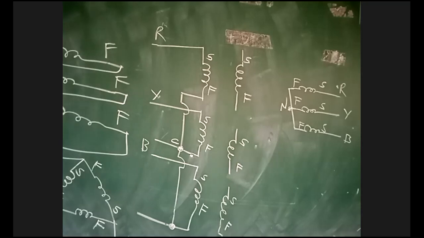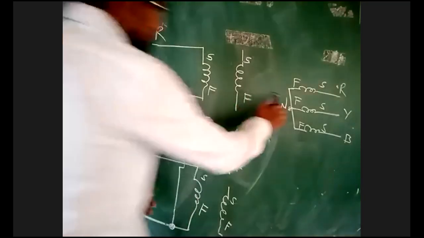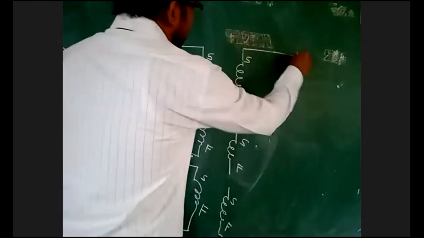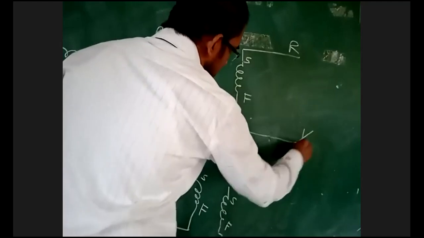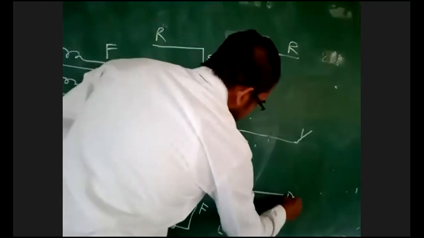Now the secondary side also I will connect to star. Starting point connected to R phase, starting point connected to Y phase, starting point connected to B phase.